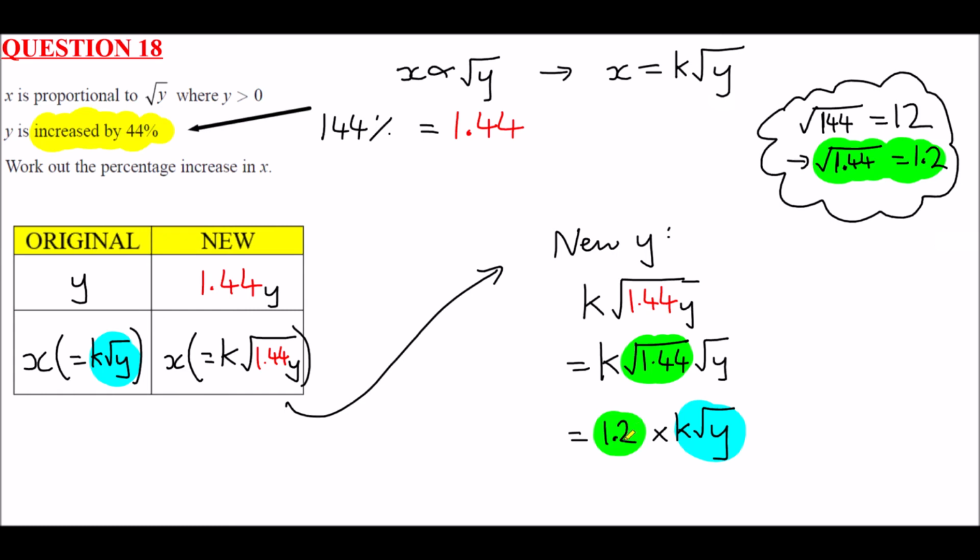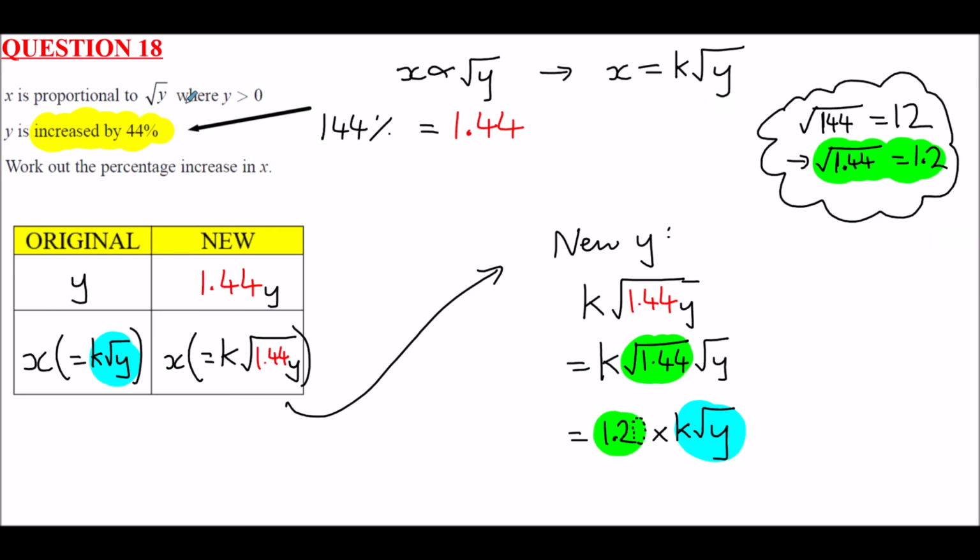Now let's think about decimal multipliers. To increase by 44%, that's a decimal multiplier of 1.44. We've now increased the original x by a decimal multiplier. What might help is if I put an extra invisible 0 after this 2. 1.2 is the same as 1.20.